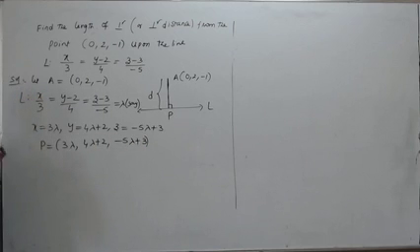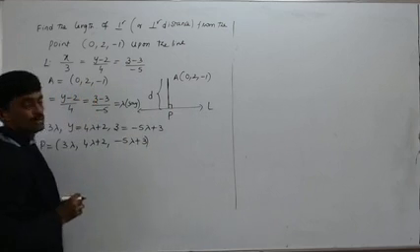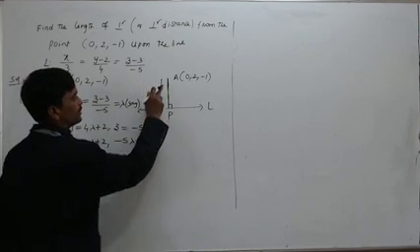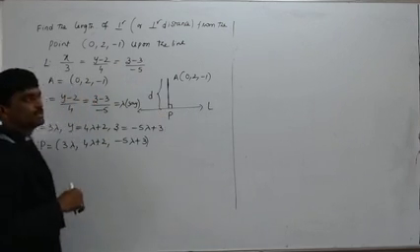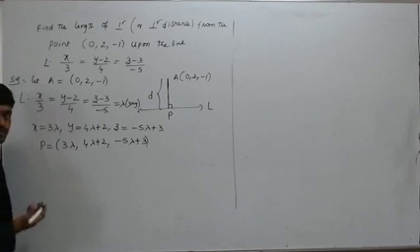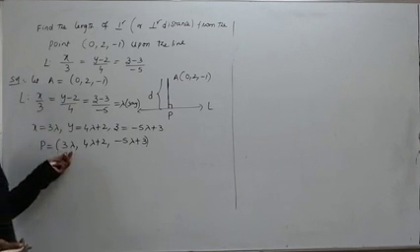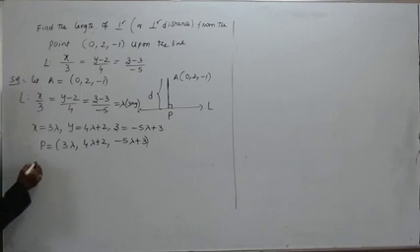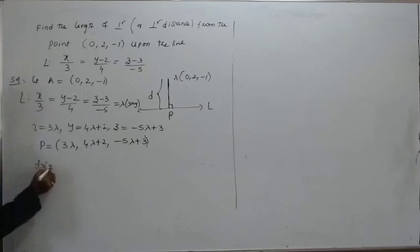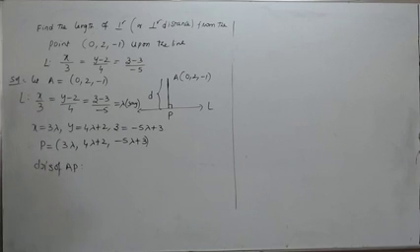If P is the foot of the perpendicular drawn from A upon the line, then AP is perpendicular to line L. So first you find the DRs of AP, then you find the DRs of line L, use the perpendicular condition, and then you will get lambda. So first I'm finding the DRs of AP. What do you get as the DRs of AP?